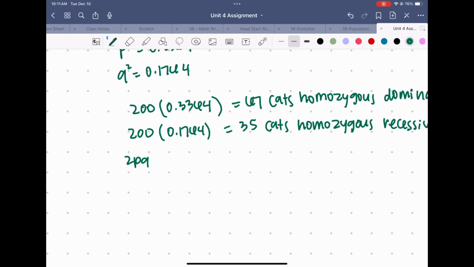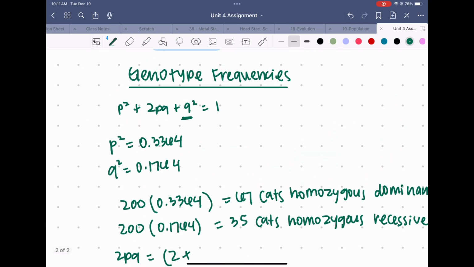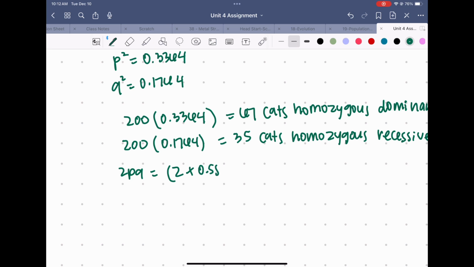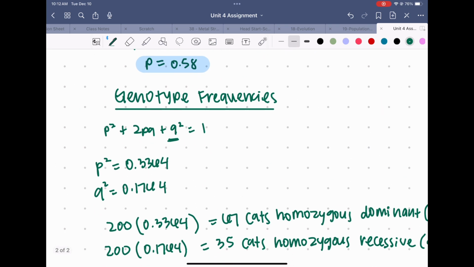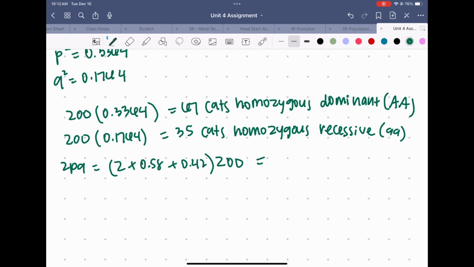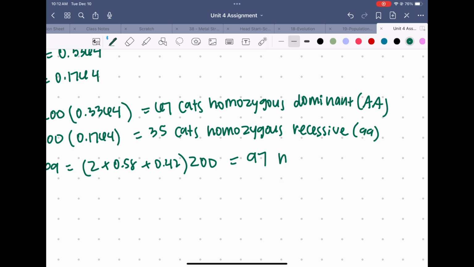So that is going to look like 2 times our P, which is up here, 0.58, times our Q, 0.42. Multiply all that by the total population. When we do that, it comes out to be 97 are heterozygous.